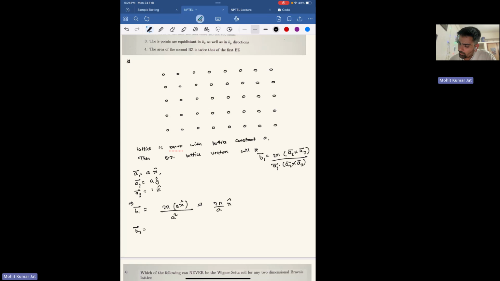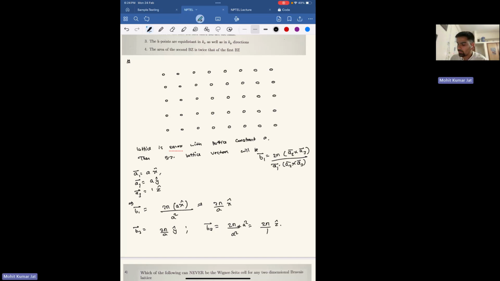Similarly, b2 will be 2 pi by a y cap, and b3 will be 0 z, 2 pi by 1 z cap.